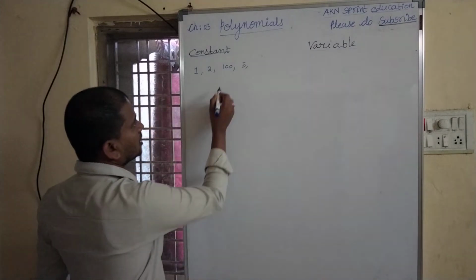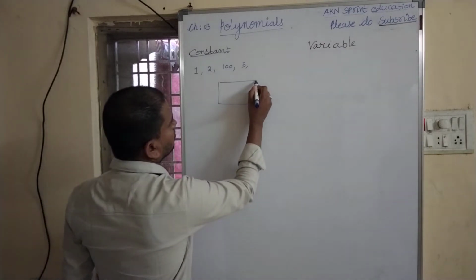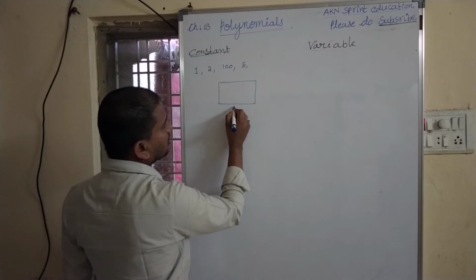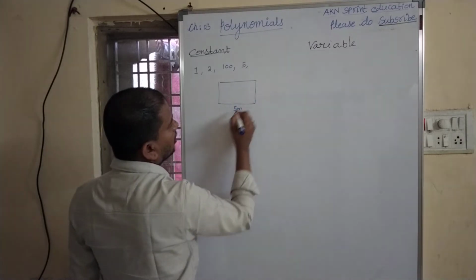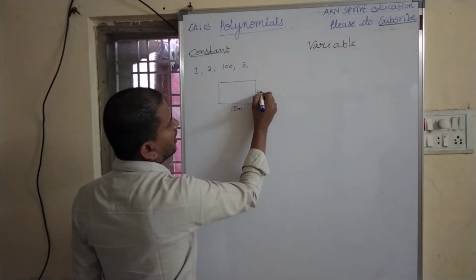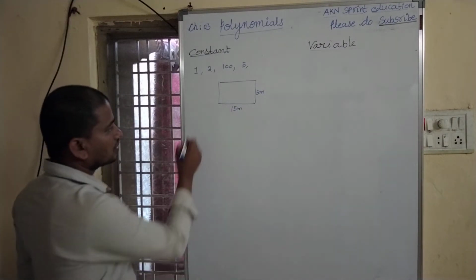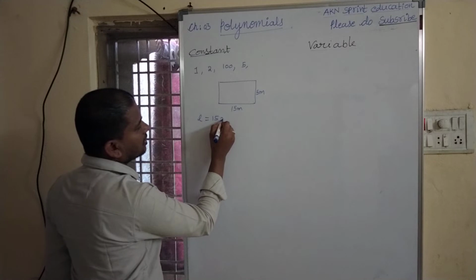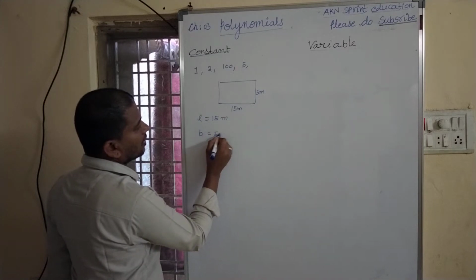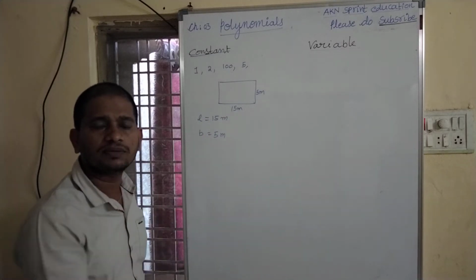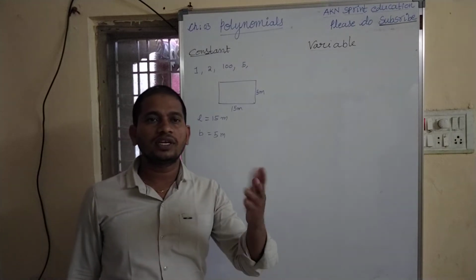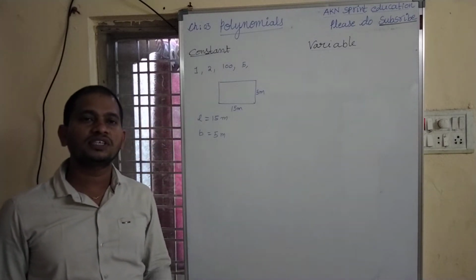For example, length is equal to 15 meters and breadth is equal to 5 meters, which is fixed. Its value does not change, right?